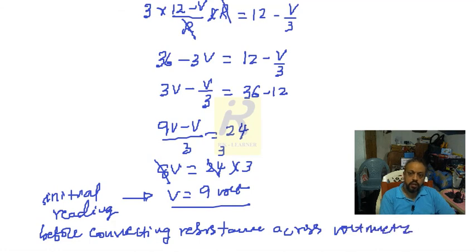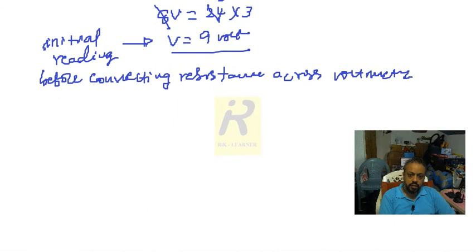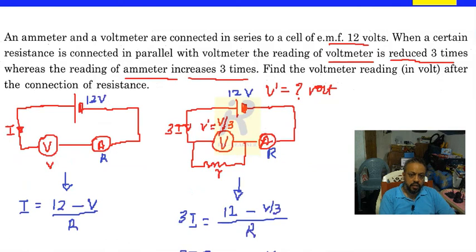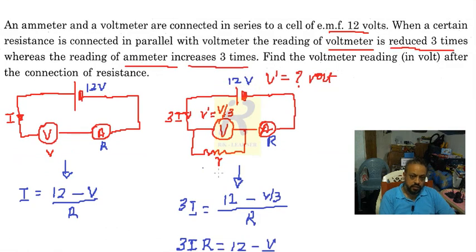And what are we actually asked? How much will the new reading be, that is V dash in our question, right. V dash is nothing but the voltmeter reading after connecting this resistance. So we need to find this V dash.